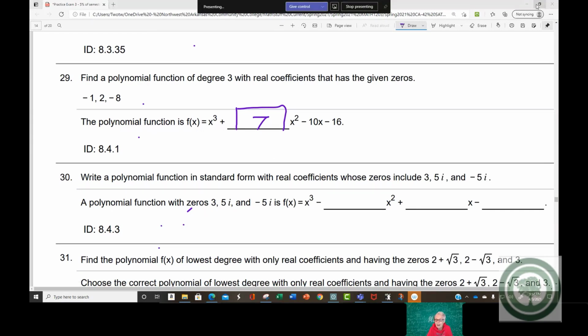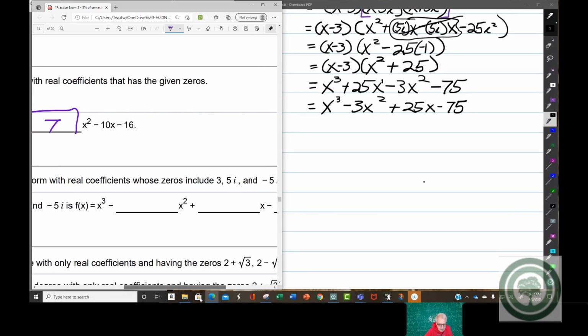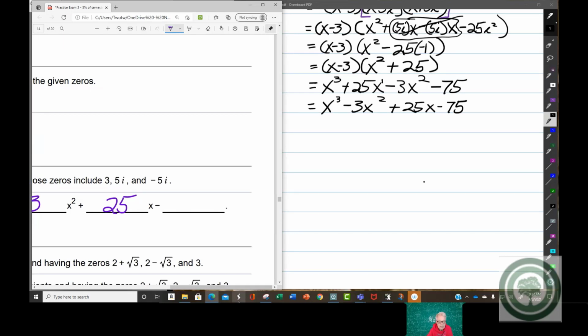I already forgot it. All right, negative 3. There's the minus, so 3. There's the plus, 25. And there's the minus, 75.